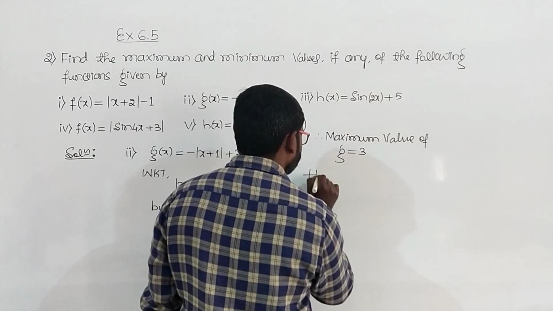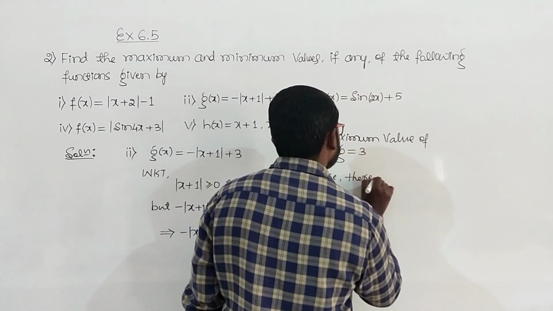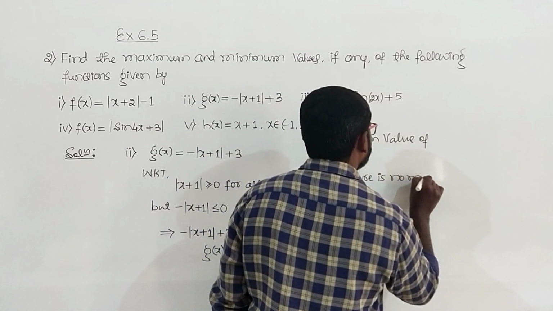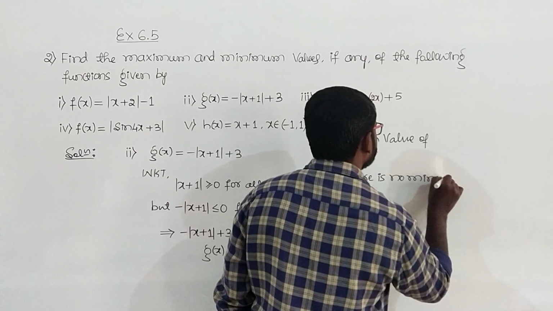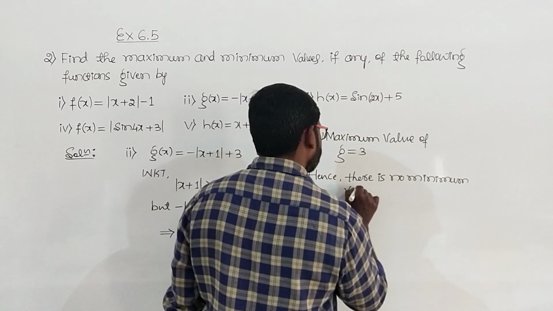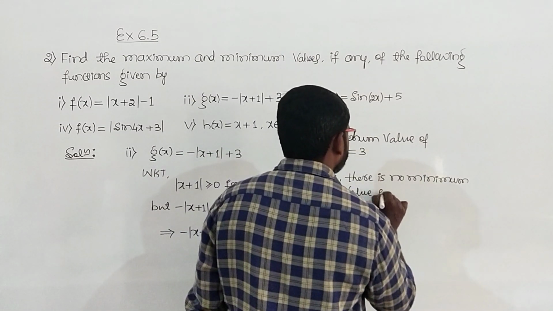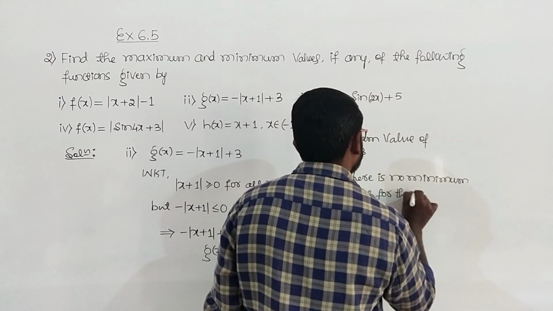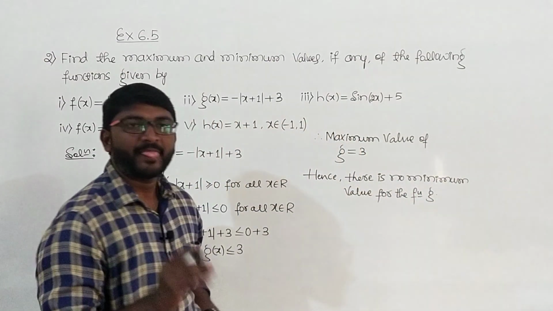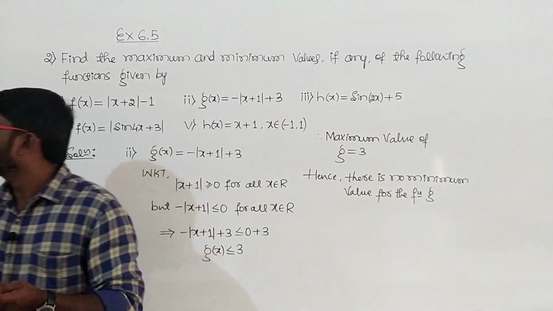Hence there is no minimum value for the function g. So this is the answer for the second case. Note down this and then we'll move on to Roman number 3.